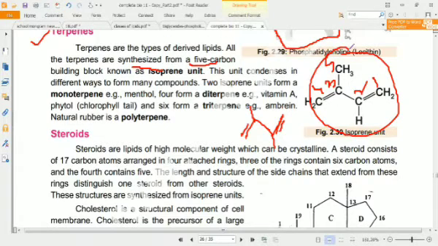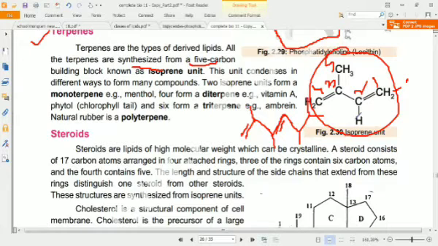This is the isoprene unit. When two isoprene units combine with one another, it will make the bonds like this again. Here the methyl group will come here, and the hydro group will come here.